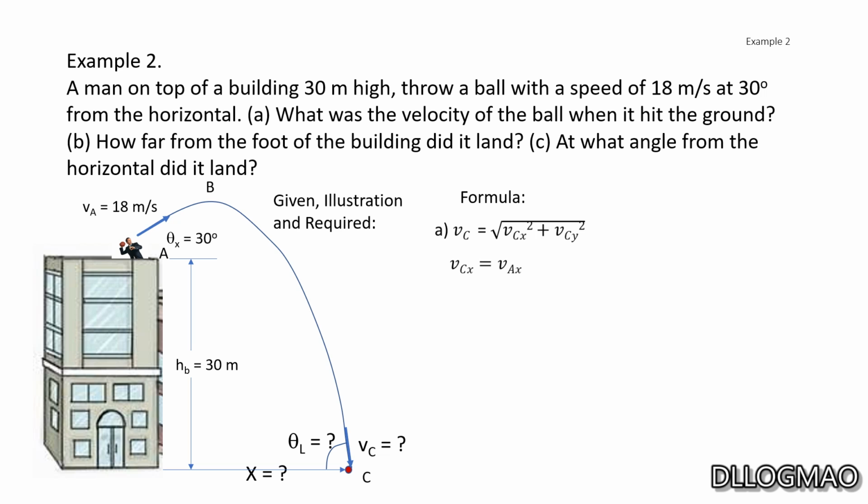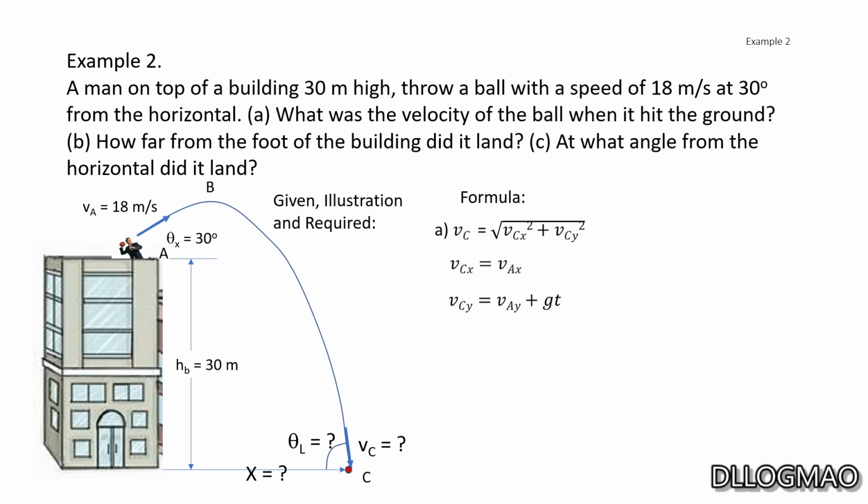V sub C sub x is constant and is equal to the x component of the initial velocity V sub A. V sub C sub y is the vertical velocity of the ball when it hit the ground, which from the first equation of kinematics is equal to the sum of the y component of the initial velocity and the product of acceleration due to gravity and the time of travel of the ball.